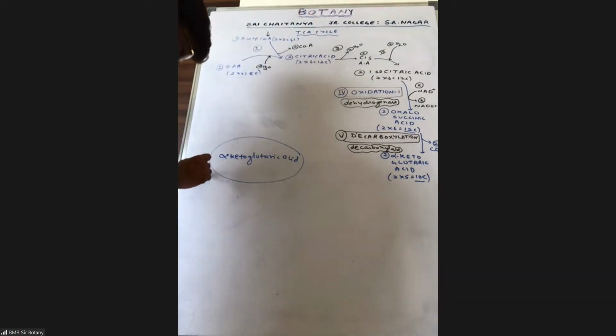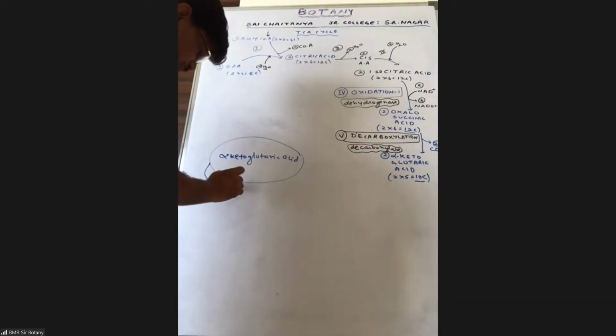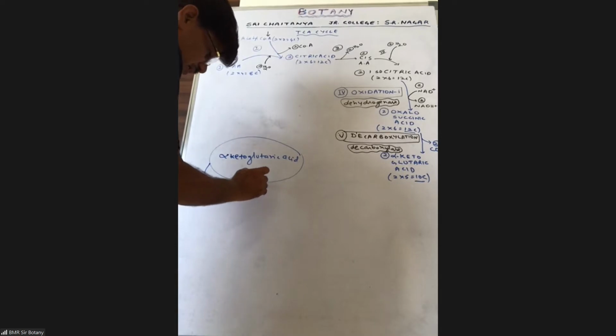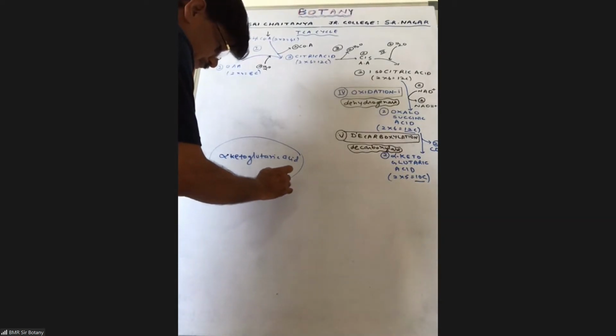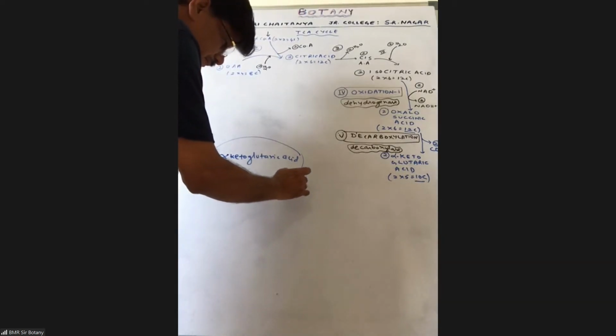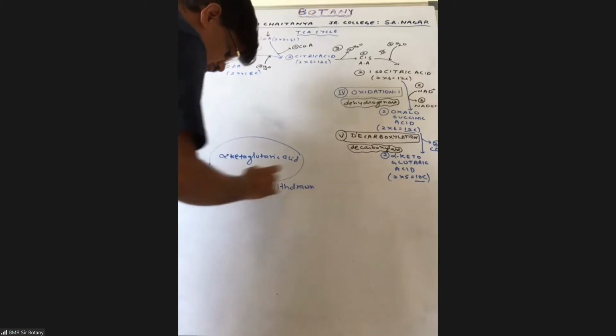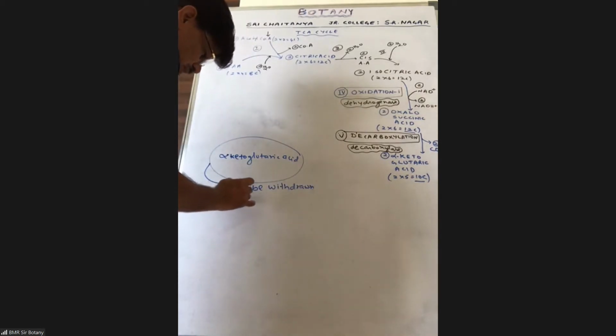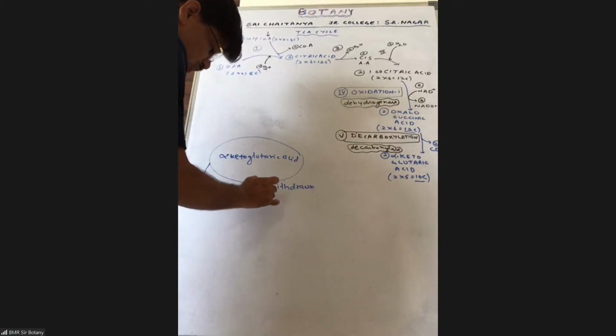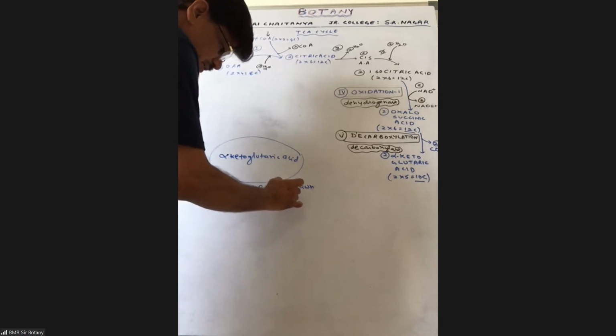So alpha ketoglutarate acid can be withdrawn from here and used in amino acid formation.